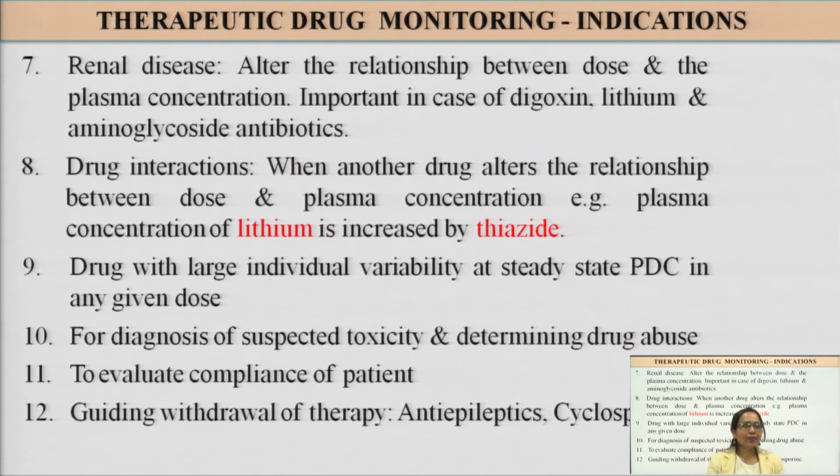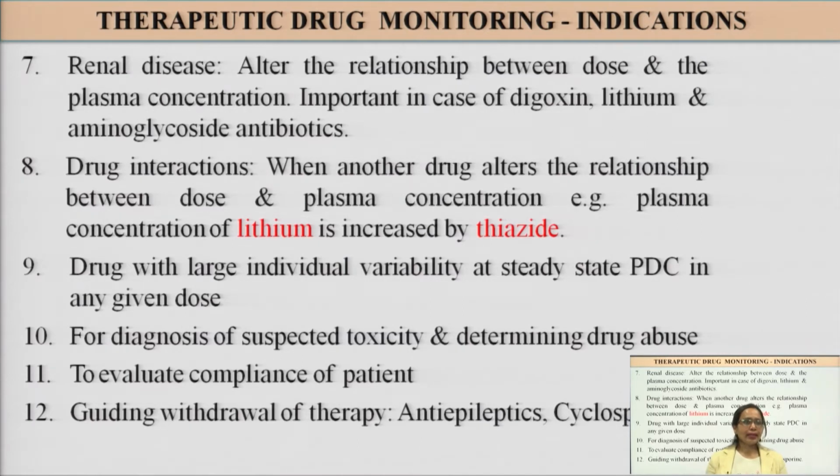Then for diagnosis of suspected toxicity and determining drug abuse, it is also required. And to evaluate compliance of the patient, it is also required for those types of cases.